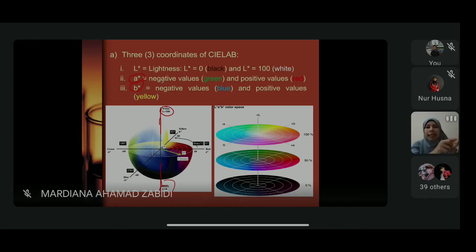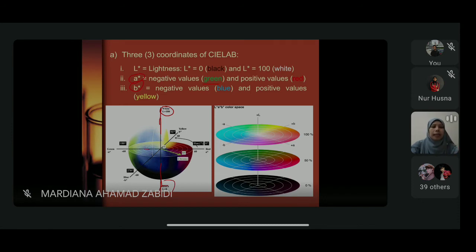Okay, because negative values perceive a different color, positive values perceive a different color. So for A, for example, let's say you get negative 20. Meaning that negative A goes towards the green region. Okay, you can see here, look at the picture on the bottom left.